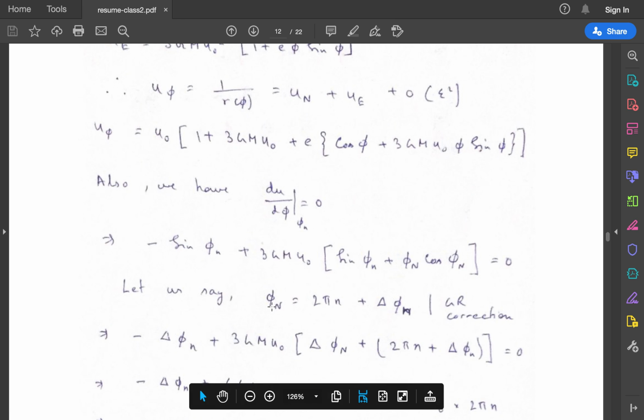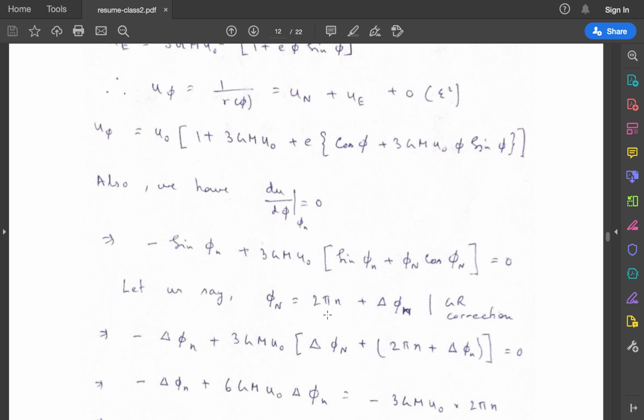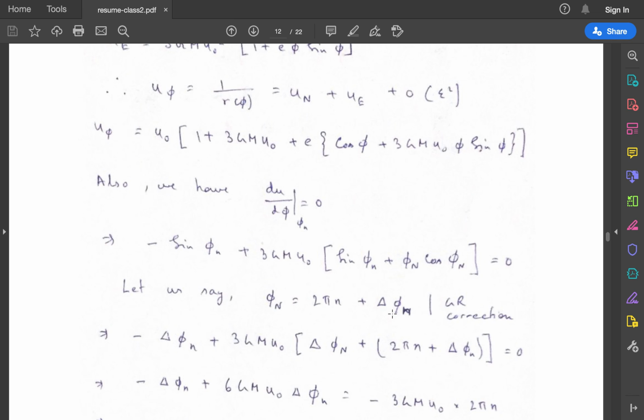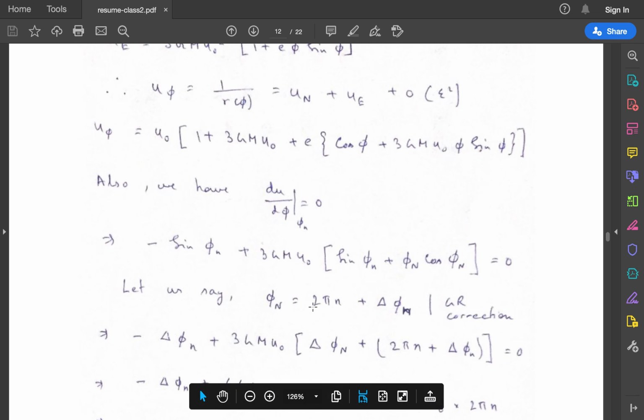Now, for the equation sin φn equal to 0, we would have φn equal to 2πn. However, this is not that. Let us say that due to all these corrections, we have an extra change in φ, which is given by delta φn, which is the GR correction.